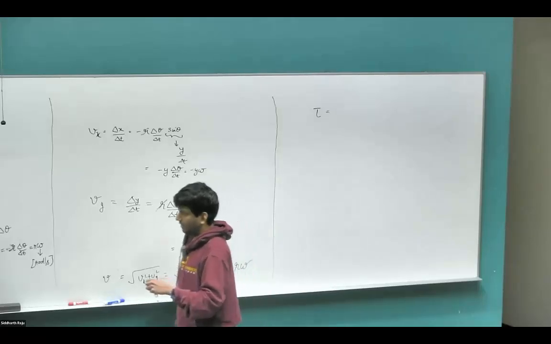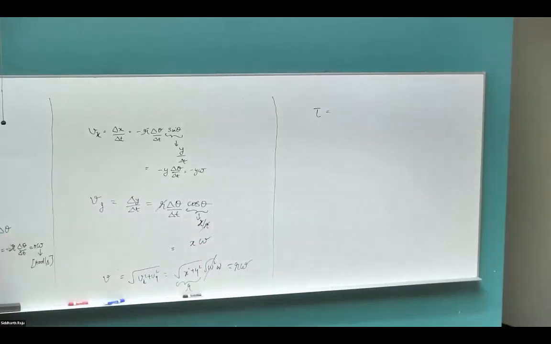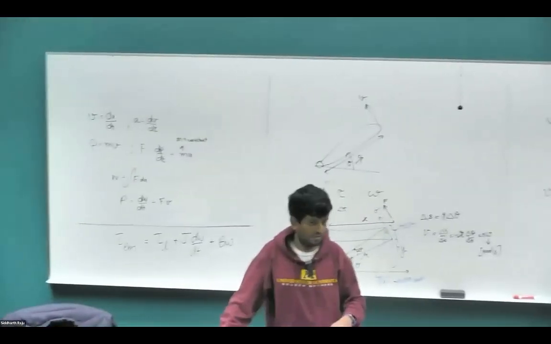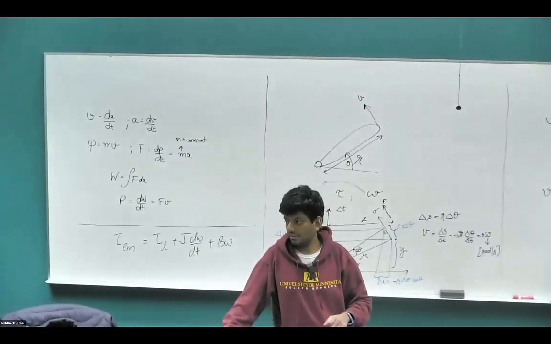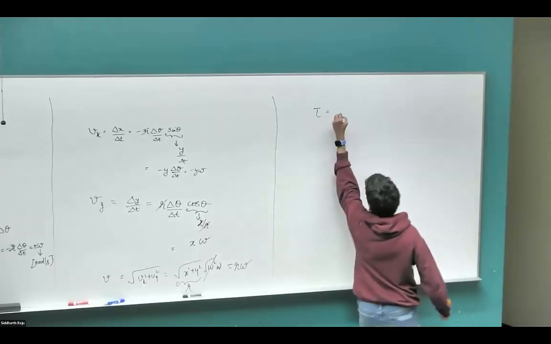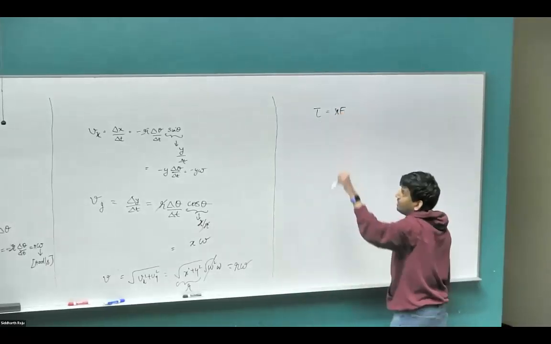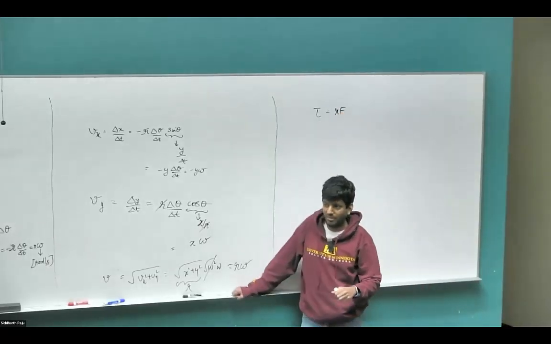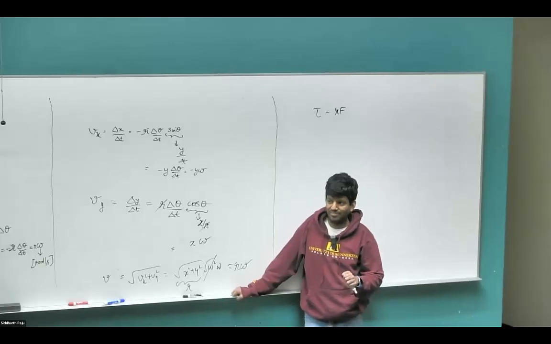Right. So given that this has a force F in this direction, what is going to be the torque? Yeah, R, force times radius. Why is it radius times force? Definition. Yeah.